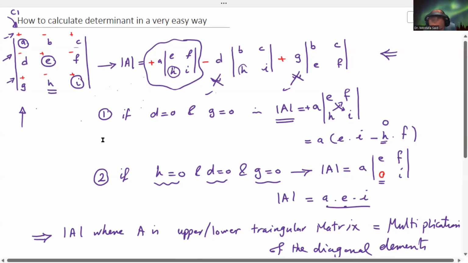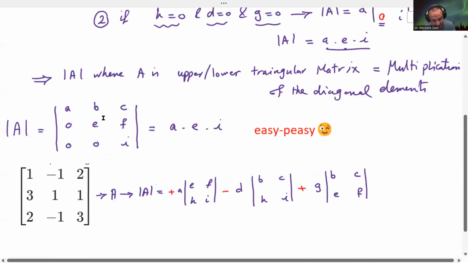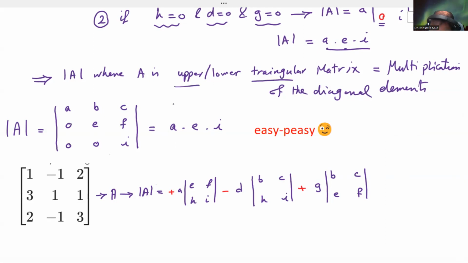So let's see. That's the general formula: if you have a matrix where all the elements underneath the diagonal are zeros, we call it an upper triangular matrix. It's like a triangle. Okay, there is a triangle here. Look carefully, guys.